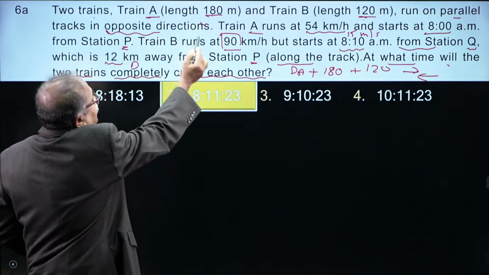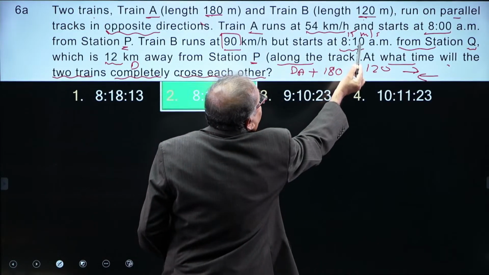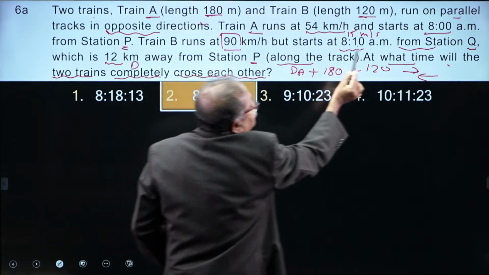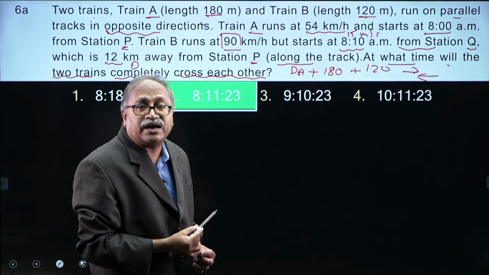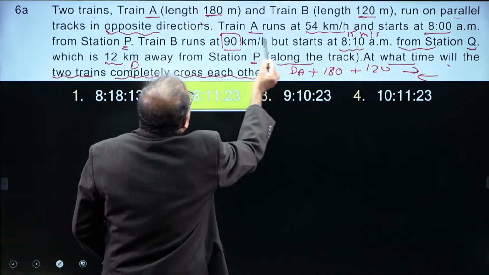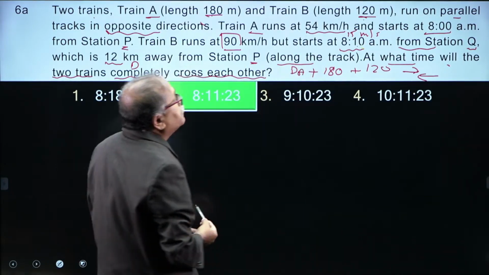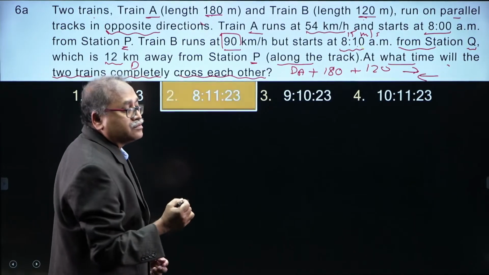Now, the first train starts at 8 and the second train starts at 8:10. So, 10 minutes. What is the speed of train A? 54 km per hour, that is 15 meter per second.